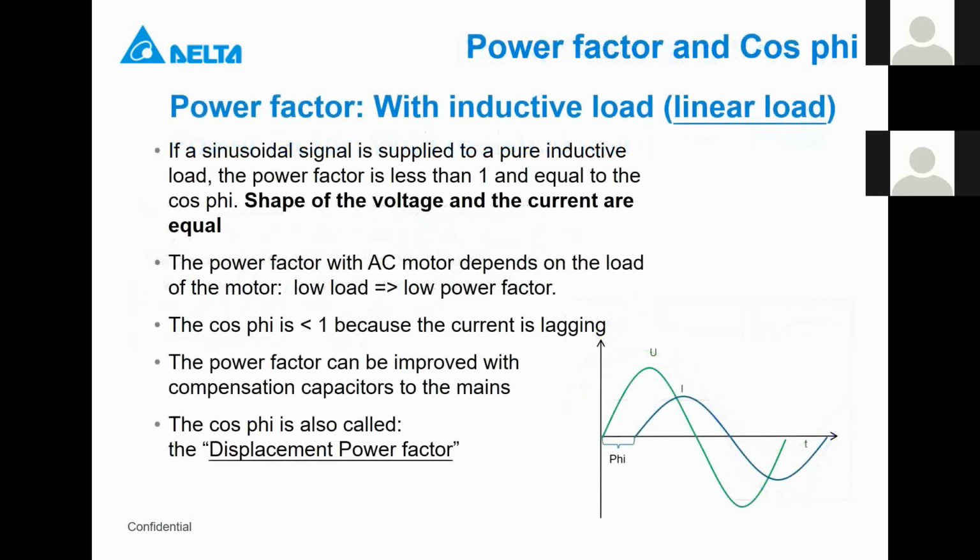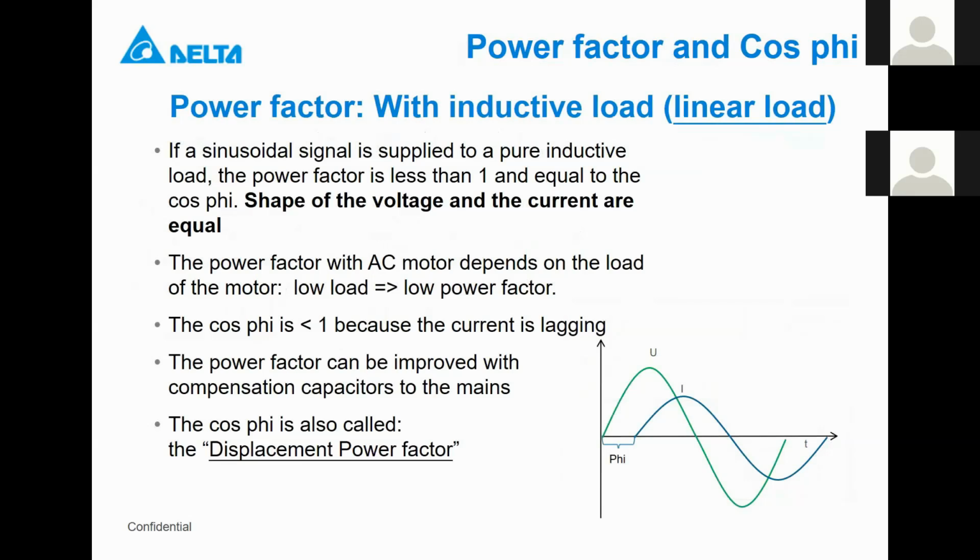If we now connect an inductive load to the normal mains supply, we still have a sine wave form for the voltage and the current. The current and the voltage are not in phase. The current is always lagging the voltage.